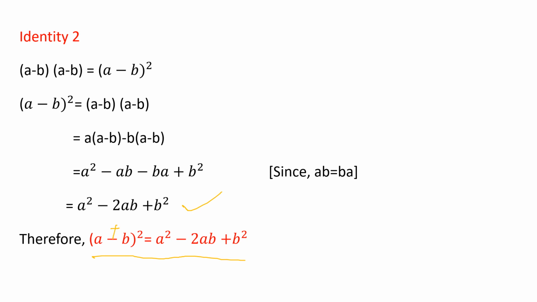Look here: a into a is a square, minus ab, then minus ba, then minus into minus is plus b square. Now both middle terms have a minus symbol, so we add them and put the negative symbol. So minus 2ab plus b square.